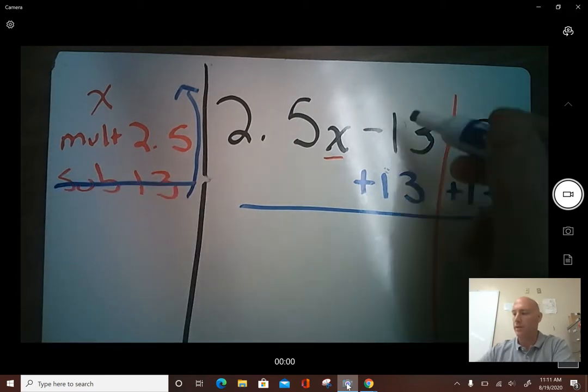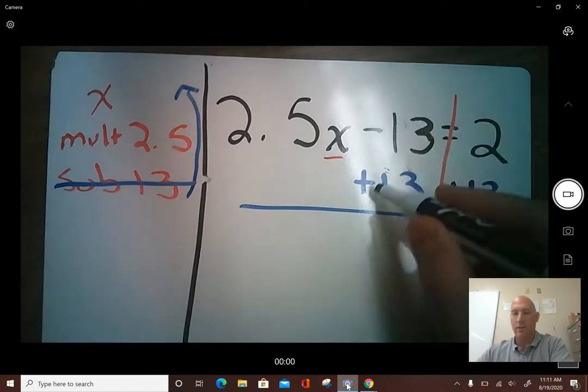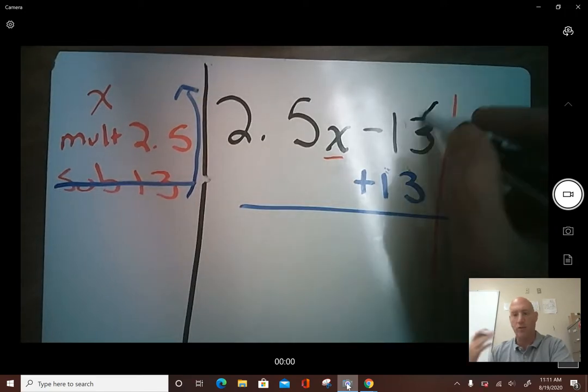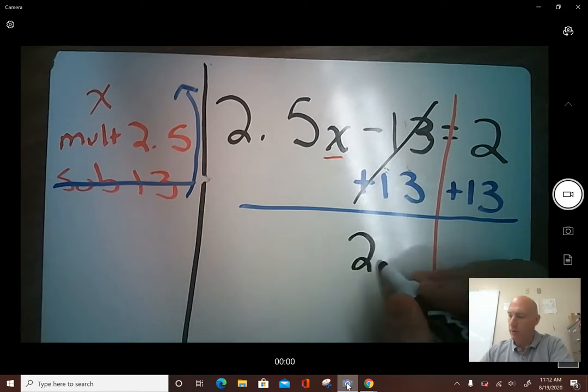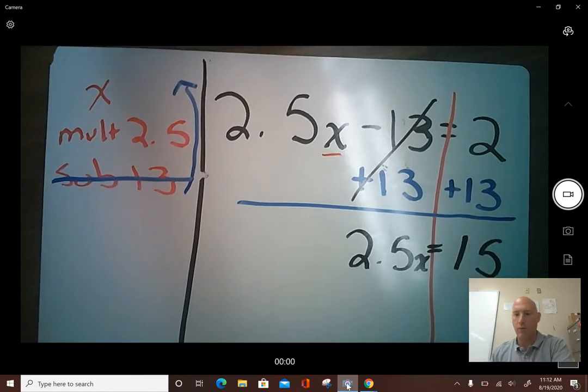Let's see what my result is. These inversed out, canceled out, added to 0, however you want to say it. And that was the whole point of me choosing to undo that first. Now I'm left with 2.5x equals 15. Okay?